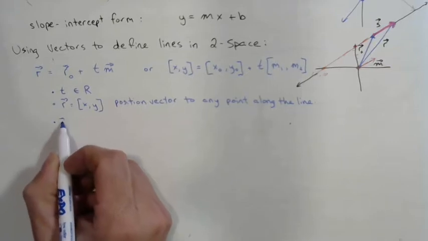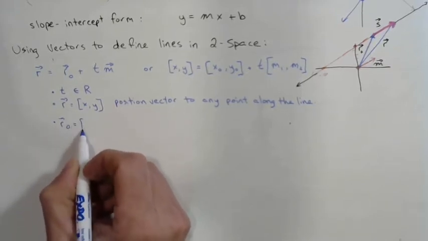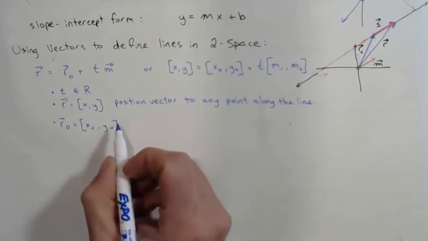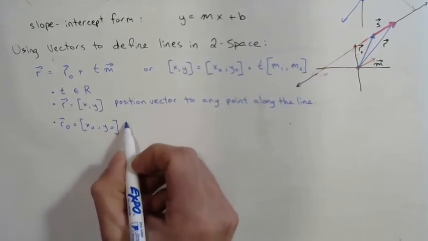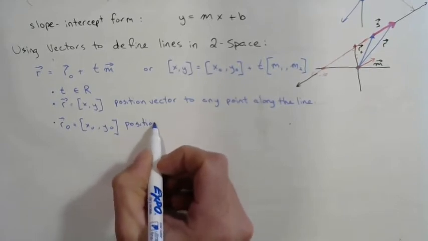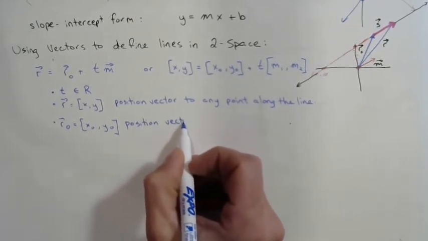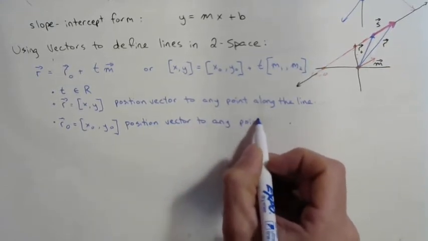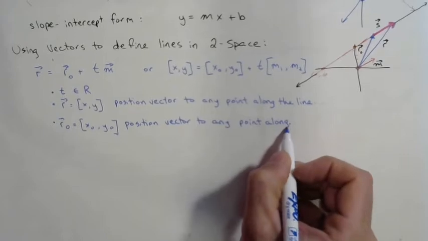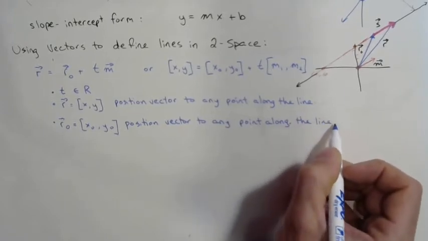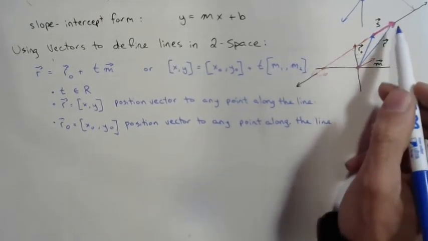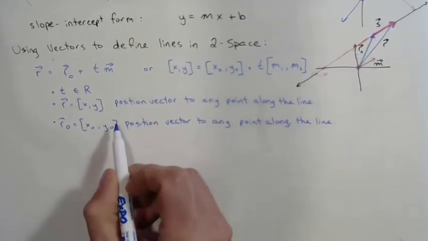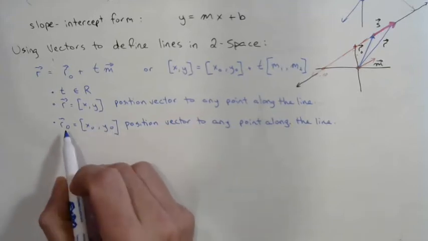Then we have r naught, which is x naught, y naught. This is a position vector to any point along the line. And actually, because our vectors can go any direction, I could change this to r naught and r, and we'd still be able to figure out what our missing vector is.